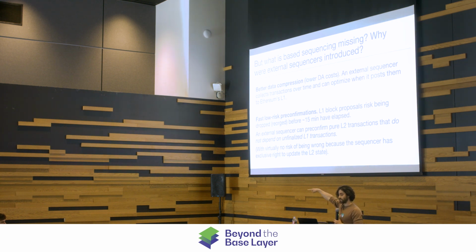But an external sequencer can pre-confirm pure L2 transactions that don't depend on unfinalized L1 transactions, and it can do this with no risk because it doesn't matter which way Ethereum forks. This external sequencer will ensure that any fork of Ethereum will include these transactions. Okay, so these fast, very low-risk pre-confirmations are the second major reason why external sequencers were introduced.